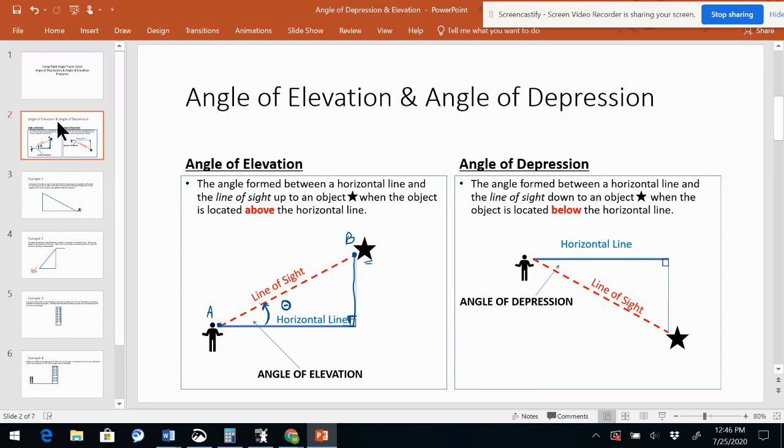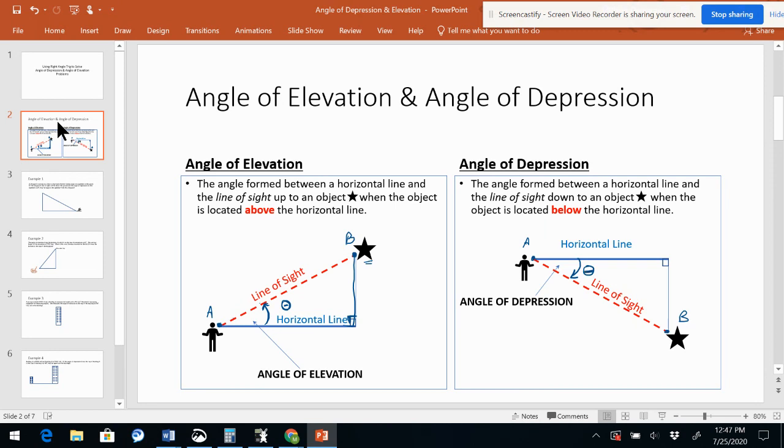Angle of depression is when you are looking down at an object, or the object is located below the horizontal line. So again, we have a person here at point A looking down at a star, point B. The angle formed between the horizontal line and the line of sight down to the object is referred to as our angle of depression.